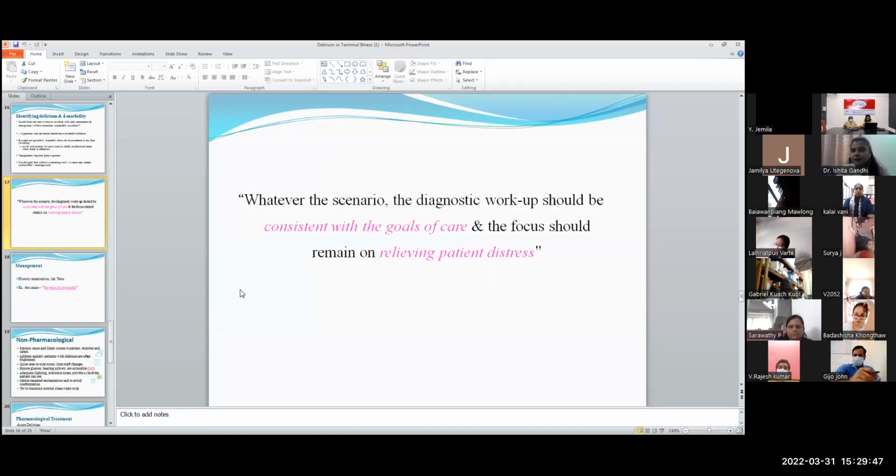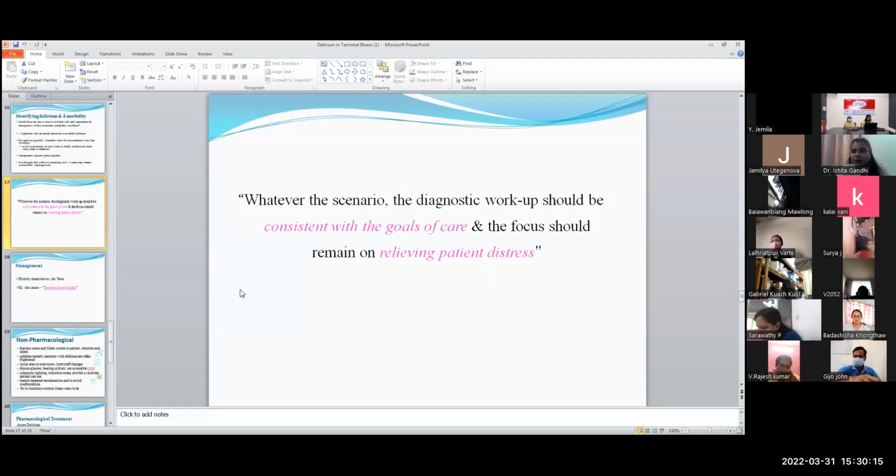Whatever the scenario, the diagnostic workup should always be consistent with the goal of care, because our main focus should always be relieving patient stress. If our goal of care is end of life care, managing the patient's last 24 to 48 hours, we are not going to poke him to get an electrolyte test done, or pinch his skin repeatedly to see if he has dehydration.